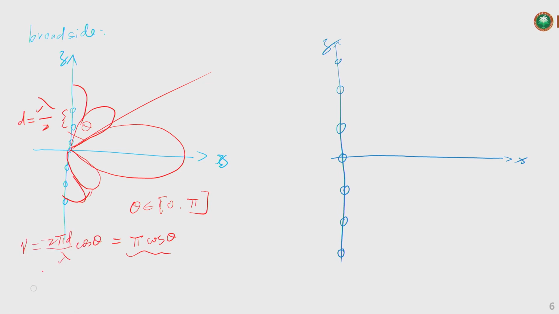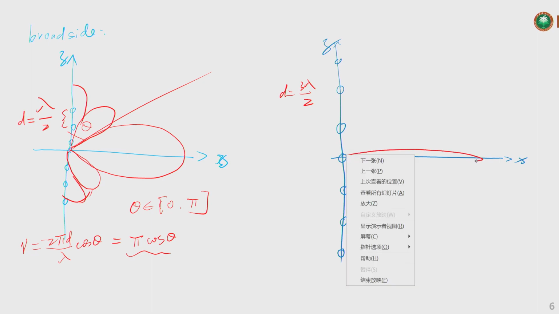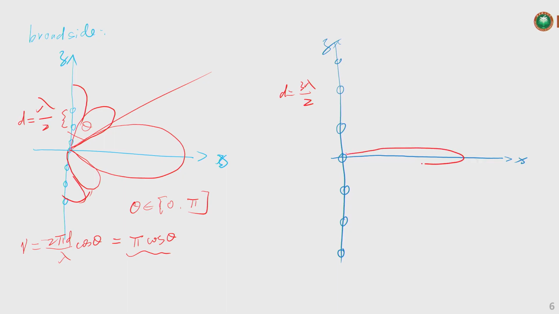Triple of the previous one, so 3 lambda over 2. And now the radiation pattern is going to be different. It becomes narrower, and the side lobes also become narrower.